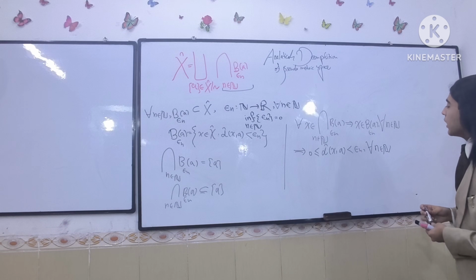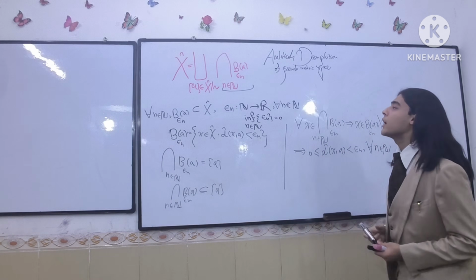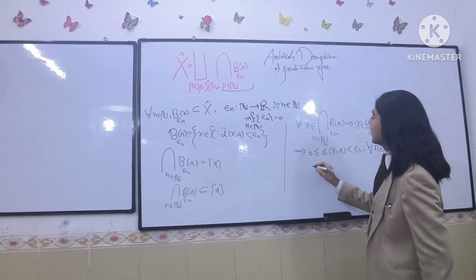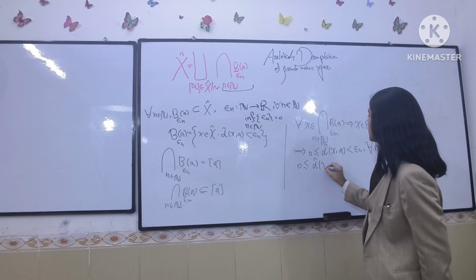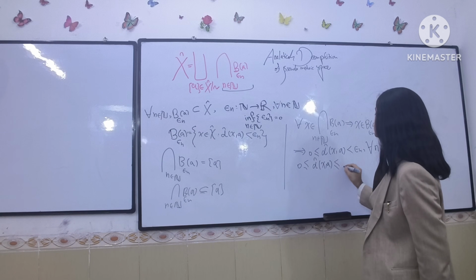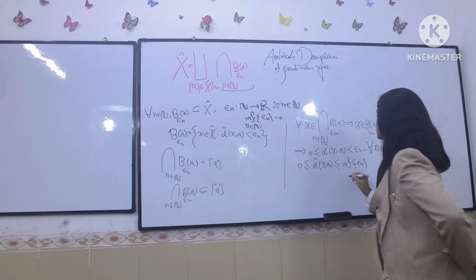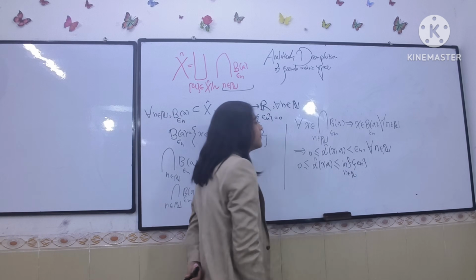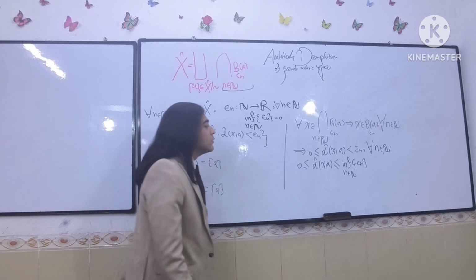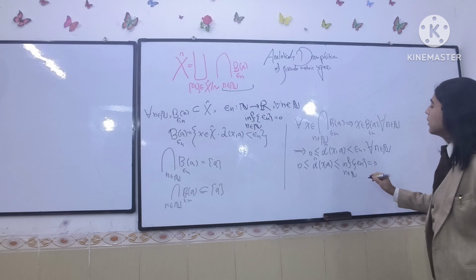Now, I'll take the infimum of both sides of the inequality. The infimum of epsilon n is equal to 0.